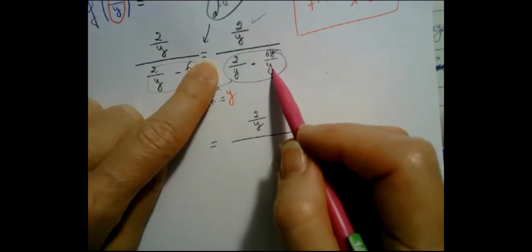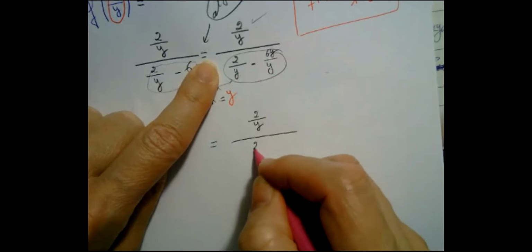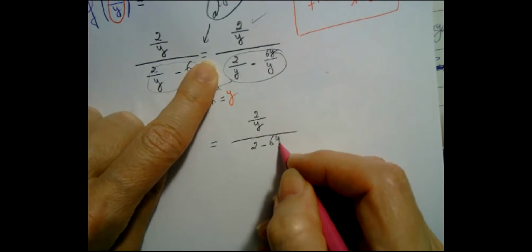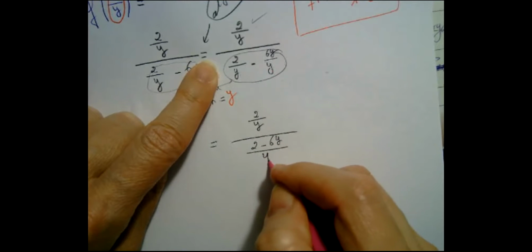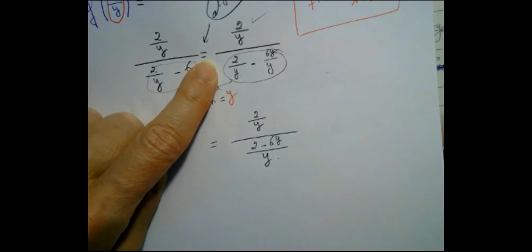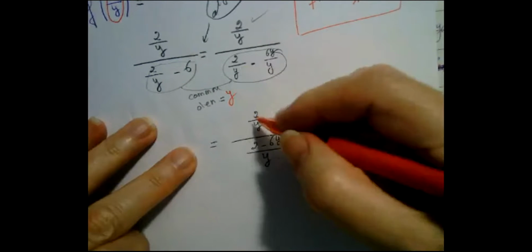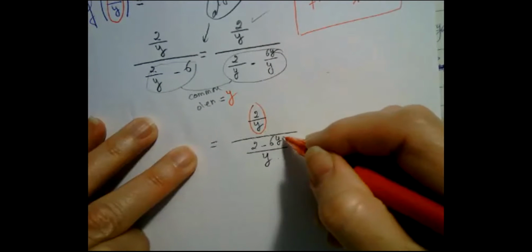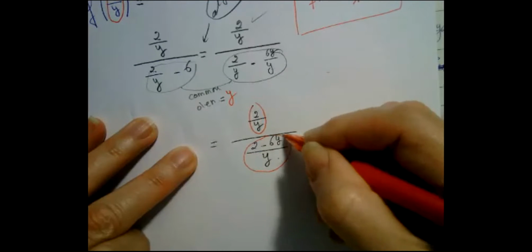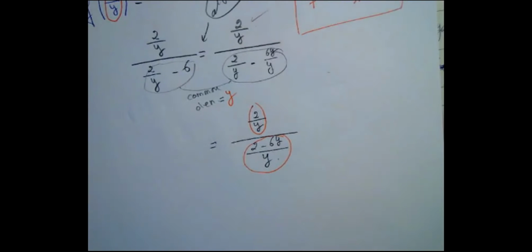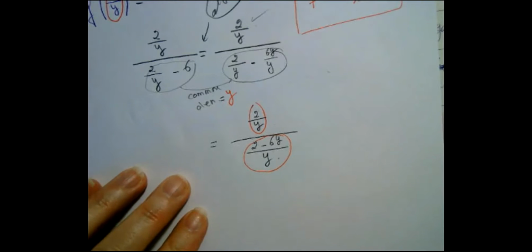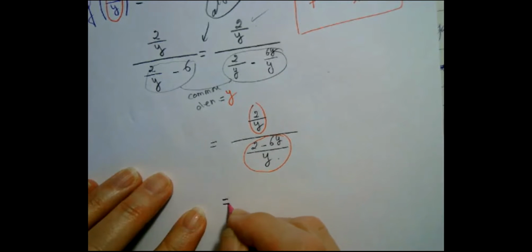So here, if the common denominator is y, it means I can combine the numerator. And this will give me 1 fraction divided by 1 fraction. And this simplifies the problem. So now, what can I do with that?